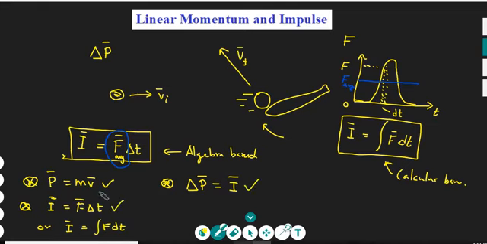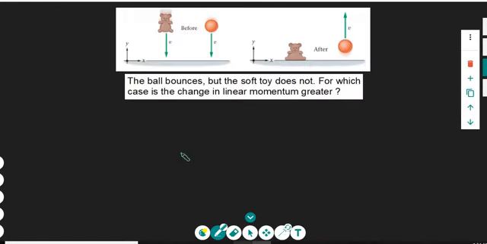If there's a change in the linear momentum, that means there's an impulse. So keep these things in mind, and then let's try to do this problem.